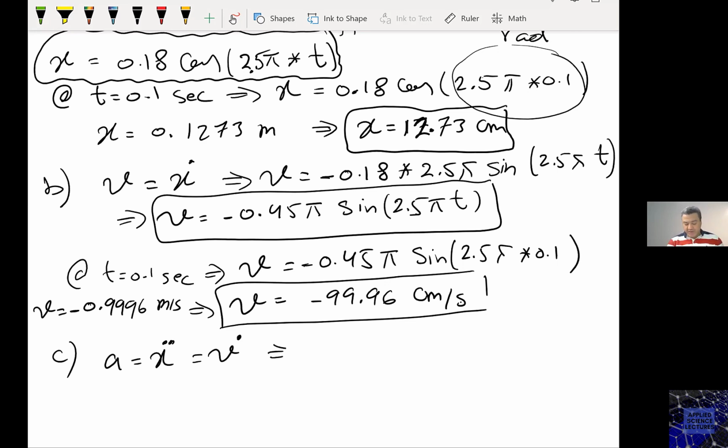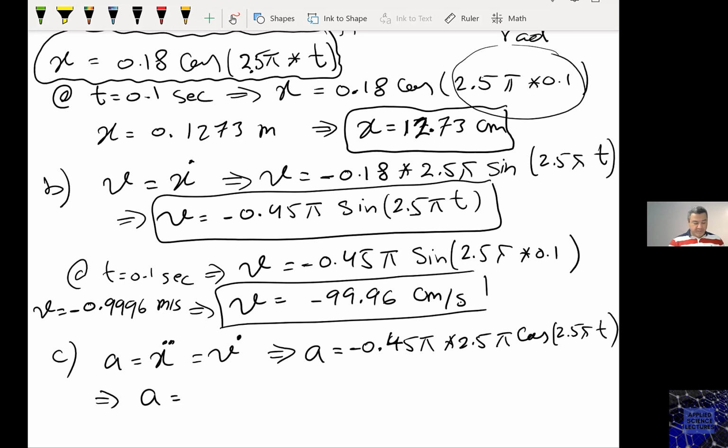In this case, if this is the function of the velocity v, then the acceleration a is going to be minus 0.45 pi times 2.5 pi. Again, this is going to come back to the cosine 2.5 pi t.